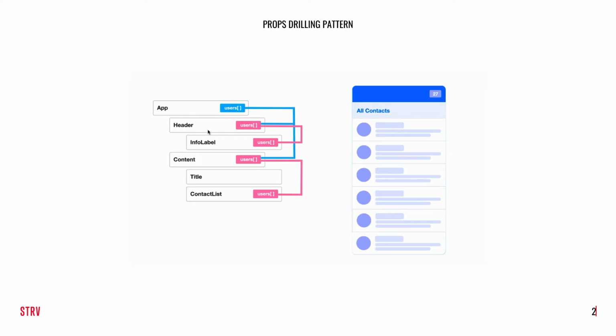Even though components such as header or content or title don't use the data, it doesn't matter. Basically, we have to pass the props through all levels to get to the components that need the data.